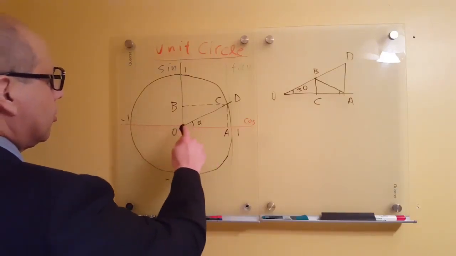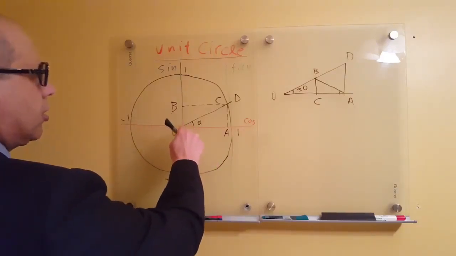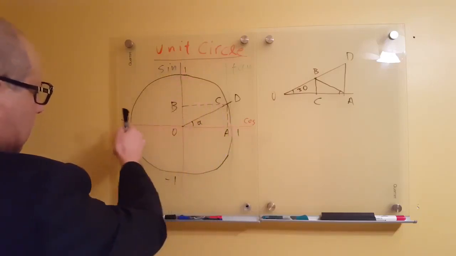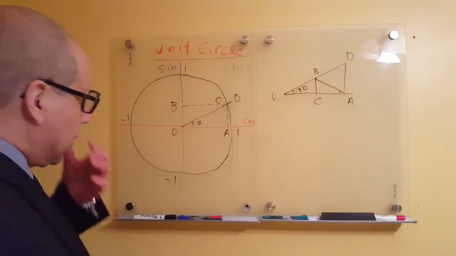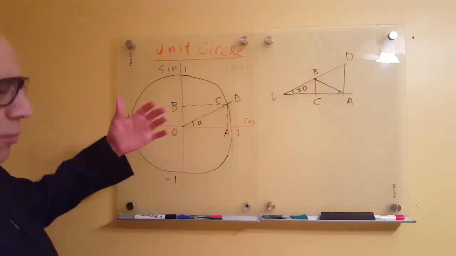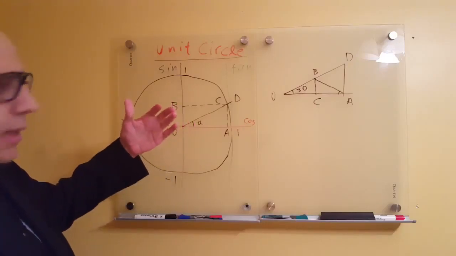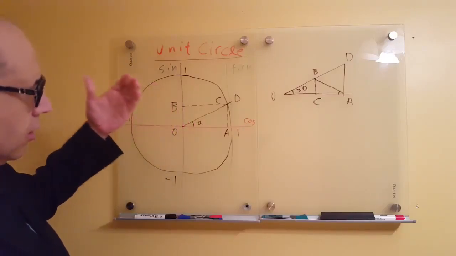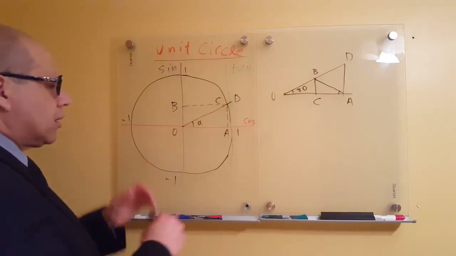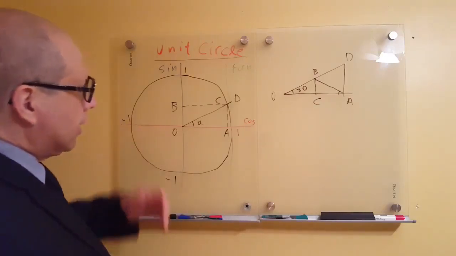Of course, here is the origin 0, this is 1, this is 1, and here is negative 1 and negative 1. This is useful for finding the cosine and sine of different angles. So let's make clear what we mean by that.